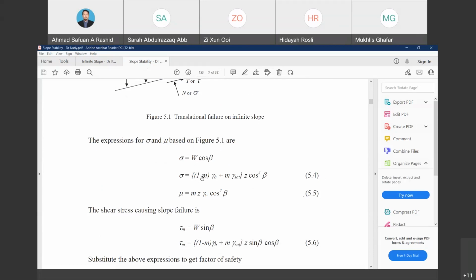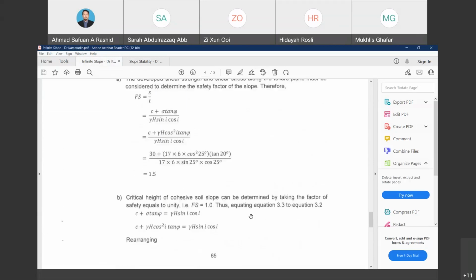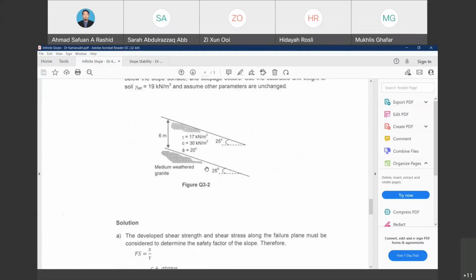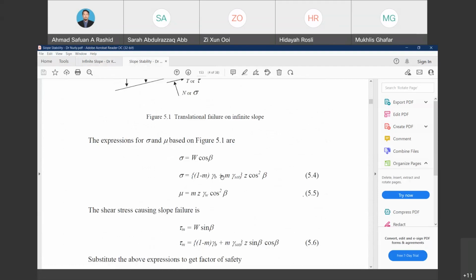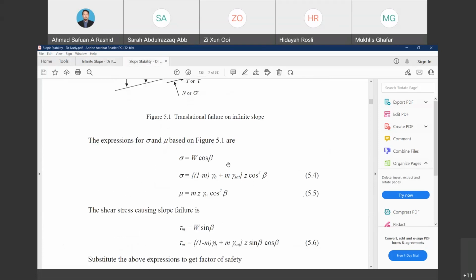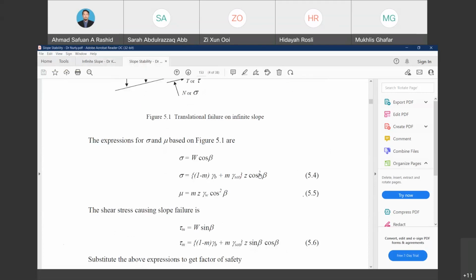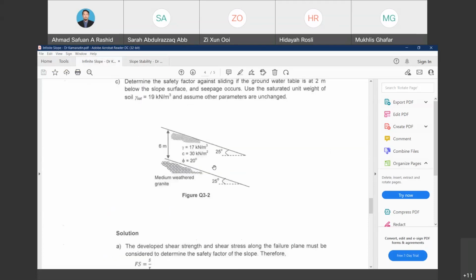So 1 minus 0.67 times gamma bar, where gamma bar is equal to 17, plus 0.67 times gamma saturated, which is 19, times Z equal to 6, cos square beta, where beta is equal to 25.